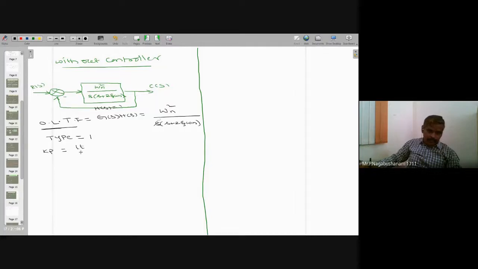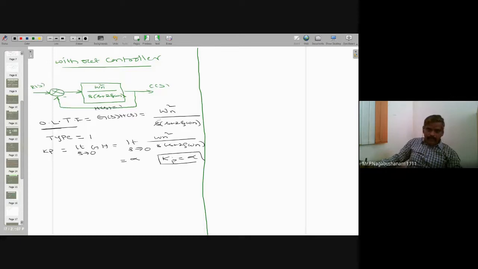The formula you know: limit s tends to 0 of G of s, H of s, which is omega n square divided by s into s plus 2 zeta omega n. Anyway, the derivation is not required. If we replace s equal to 0, something divided by 0 is infinity. So I got the Kp value as infinity.